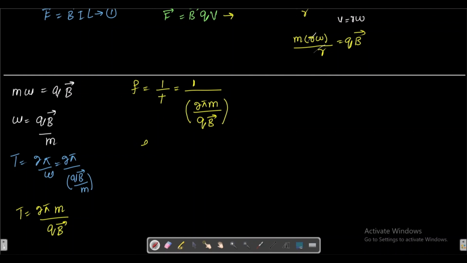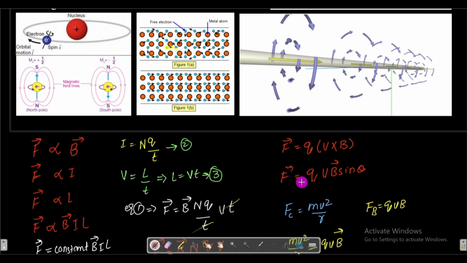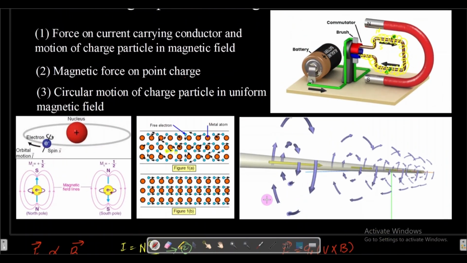So F is equal to q B divided by 2 pi m, and this is the relation for the frequency of the motion of the free electron in the external magnetic field, and we call this the cyclotron frequency.